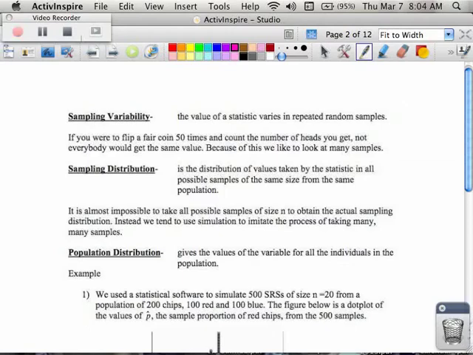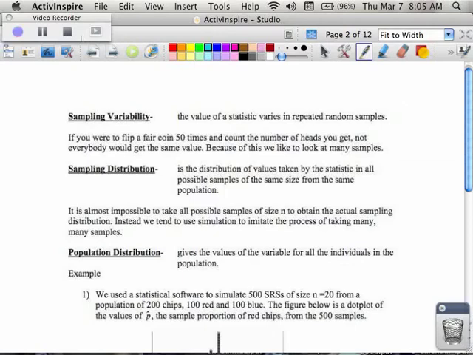Oh, they even talked about it, sorry. If you were to flip a coin 50 times and count the number of heads you got, not everybody gets the same value. And then because that happens, we take lots of samples. In a distribution, the sampling distribution is the distribution of values taken by the statistic in all possible samples. All possible samples, that's kind of important.